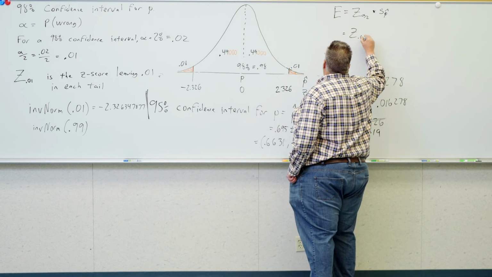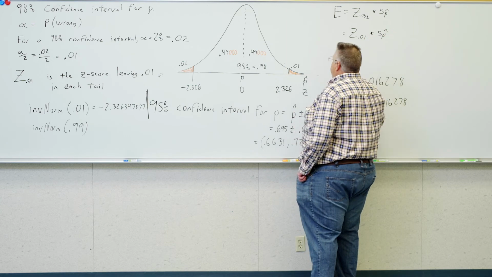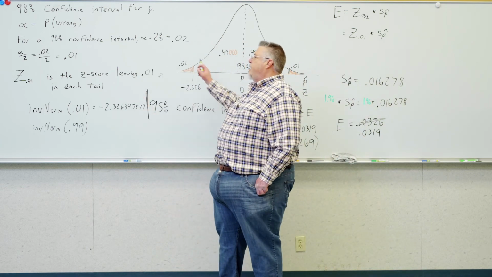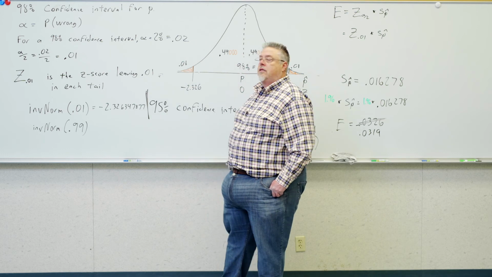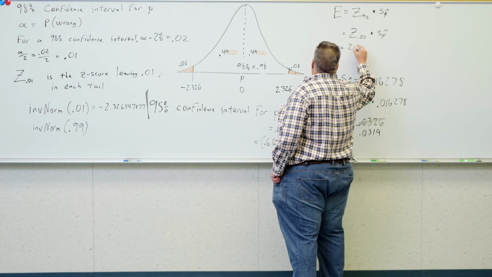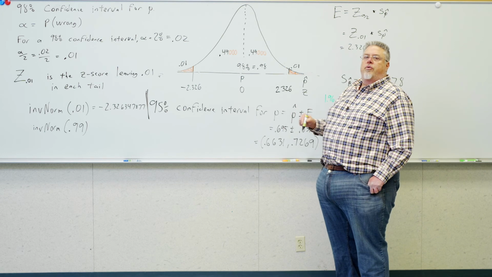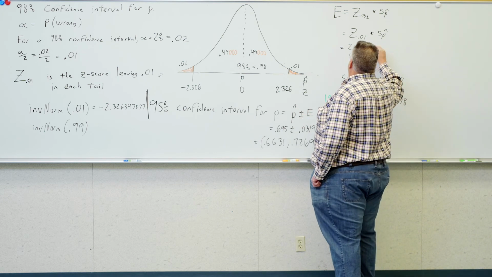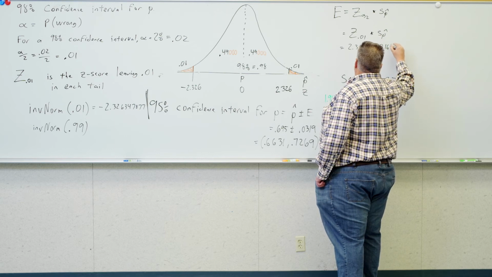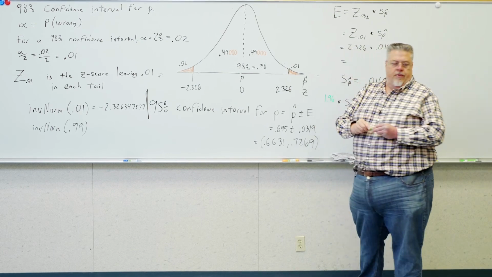It's 0.01. That's new notation to you, and it means what's the z-score that leaves 1% in each tail. And we found that 3 different ways. I'm going to call it 2.326. Again, I wouldn't beat you up if you used 2.32 or 2.33 there, times S of p hat, which is still 0.016278.